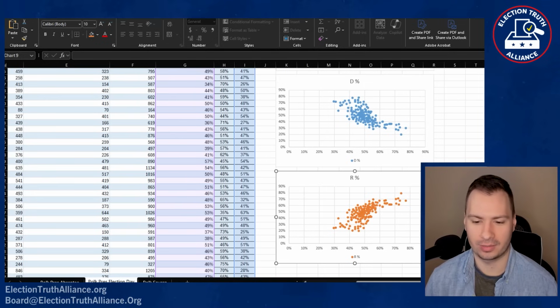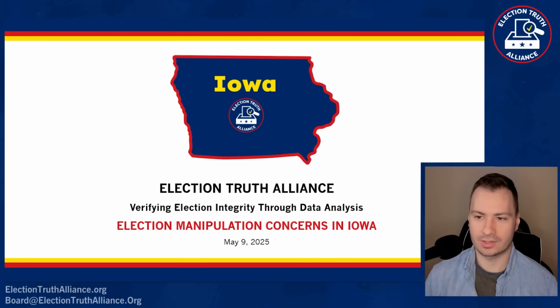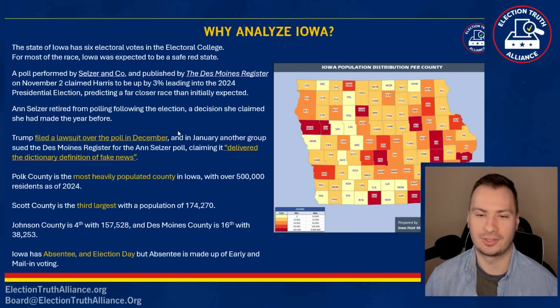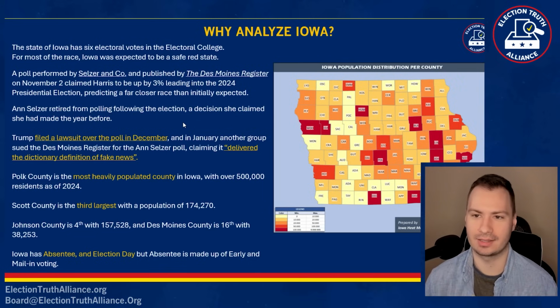So now we're going to pull up a PowerPoint. This is Iowa. Iowa has 6 electoral votes in the Electoral College. It's not a very large state in that case. Some notable highlights: there is a very reputable pollster named Ann Selzer, and the Des Moines Register, a news register that published her polls.